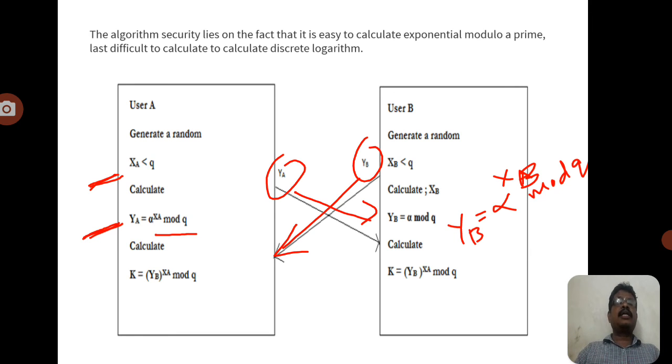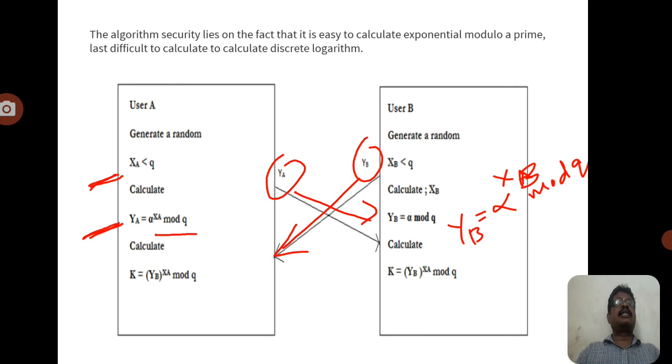Now consider a common secret key, that is K. User A already receives the public key of user B, and user B receives the public key of user A. So user A receives YB from user B, and user B receives YA from user A. They can use these two keys.